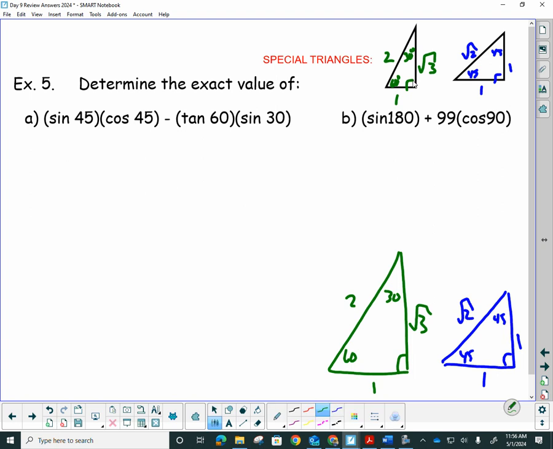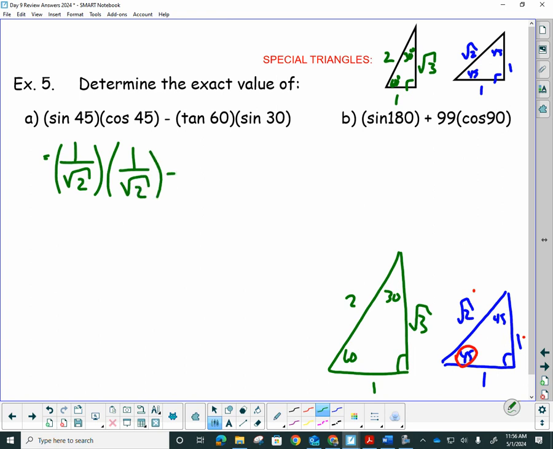All right, so in each of these, we're just using the special triangles to get the answer. If I'm doing the sine of 45, I've got to look at this triangle. Sine is opposite over hypotenuse, so that is 1 over root 2. Cos is adjacent over hypotenuse, but it's the same. Since they're both 1, it's also 1 over root 2.